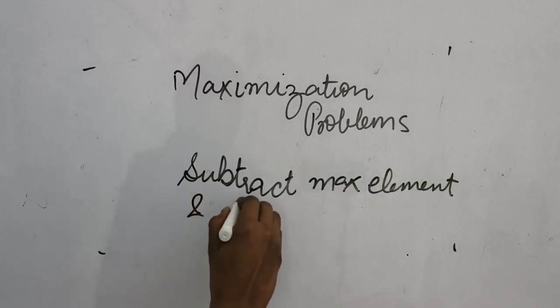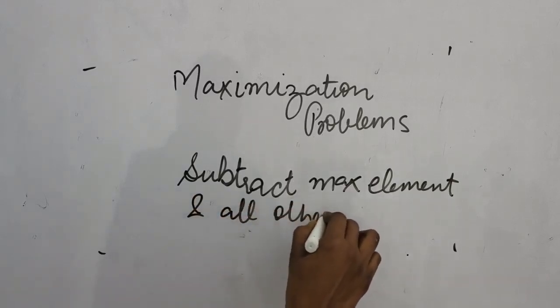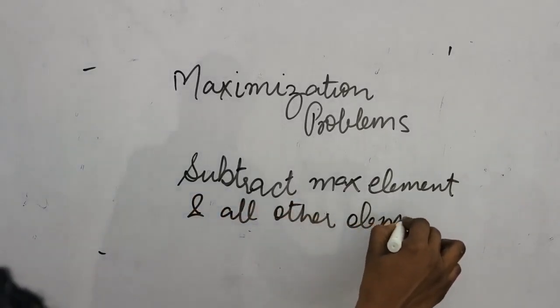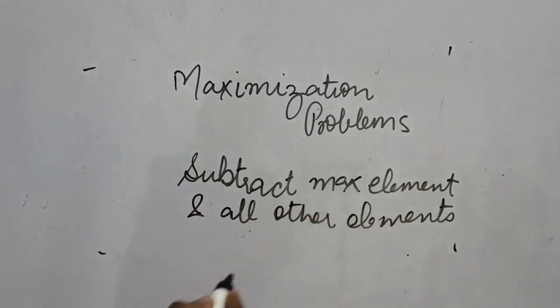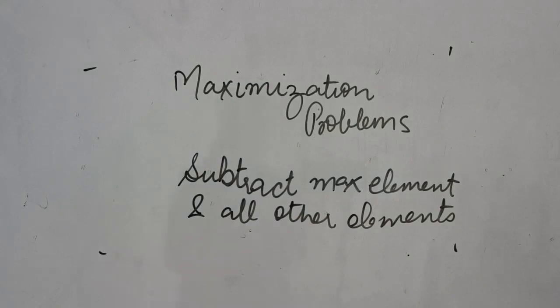Just choose the maximum element out of the matrix and then subtract all the elements from it. The problem will be converted into a minimization problem, then you can solve it.